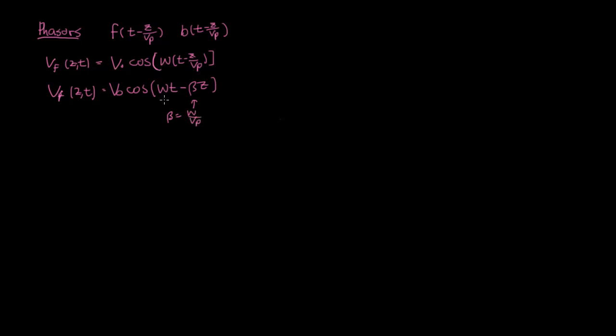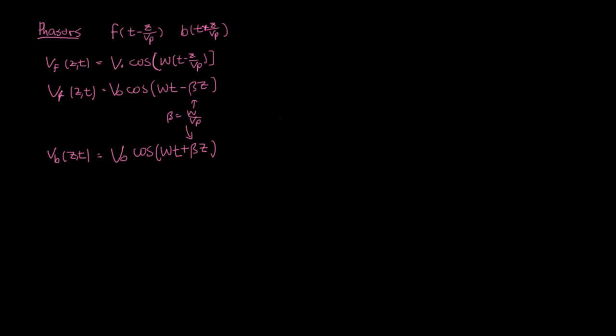Now, one of the things that I'll point out is that, let's look at the backward propagating wave. So a wave going in the negative z direction, following that same rule. Sorry, this should be a plus here. Following that same logic and form, it will look like this: omega t plus beta z, where again, beta is omega over vp.